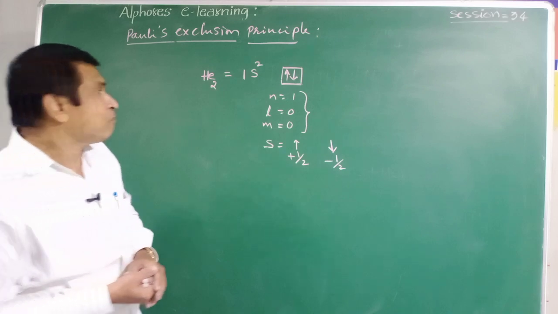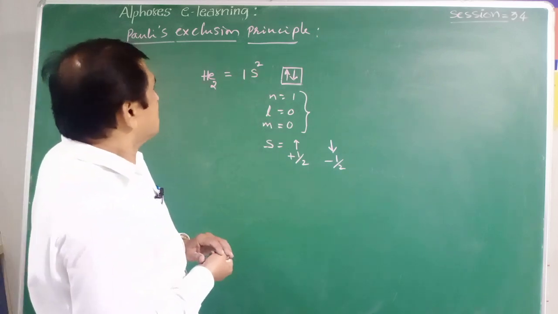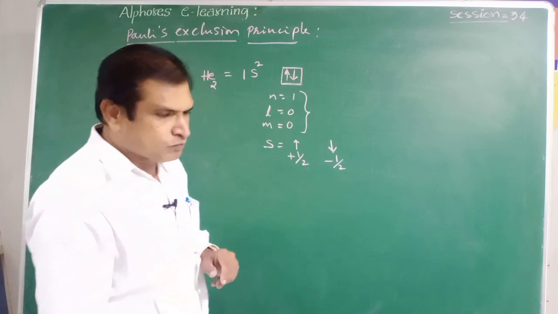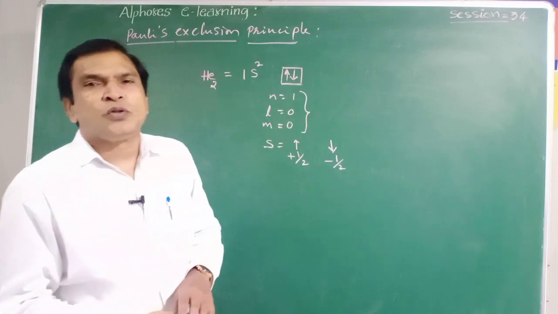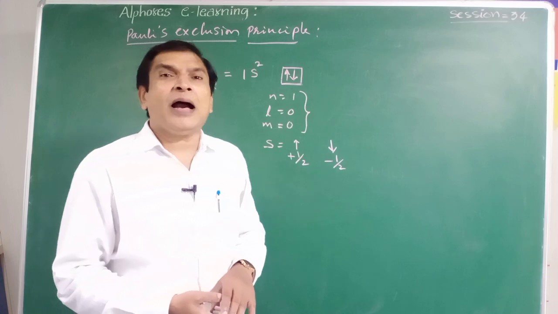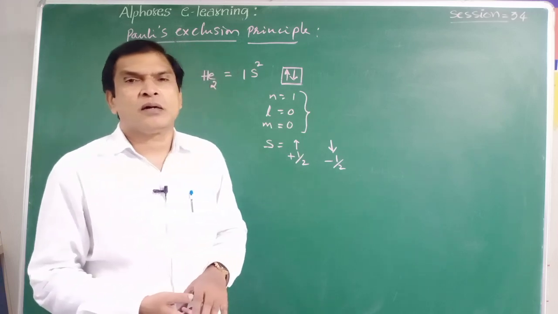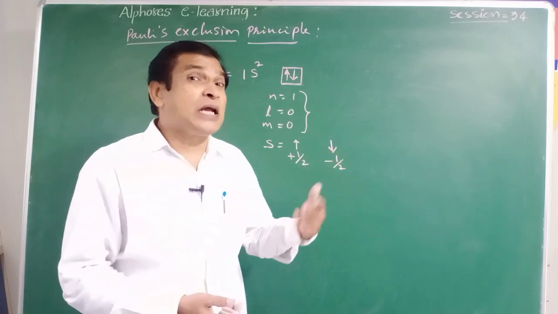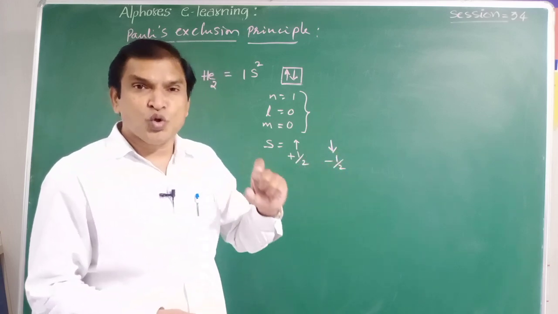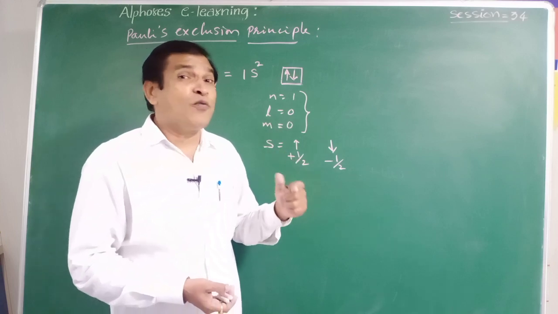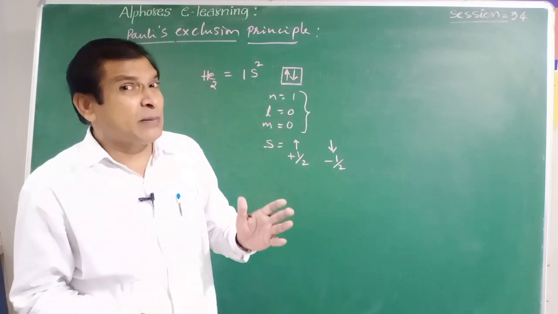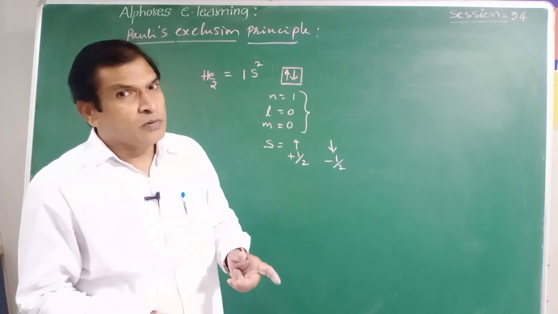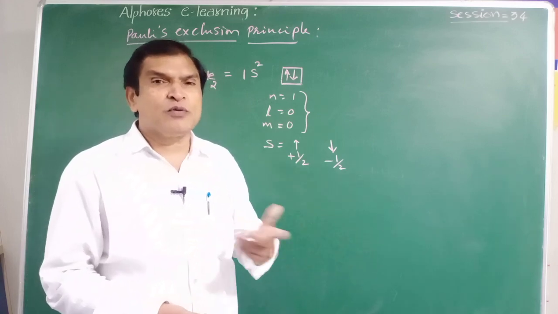Once again, the statement of Pauli's exclusion principle: no two electrons of an orbital of the same subshell of an atom can have the same set of 4 quantum number values.